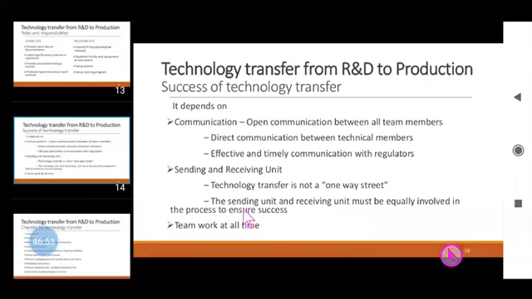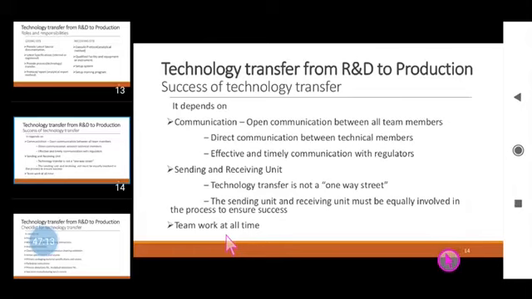So it is very important to have proper communication, then proper involvement of both the units, sending as well as receiving, and then only we can have the successful technology transfer.